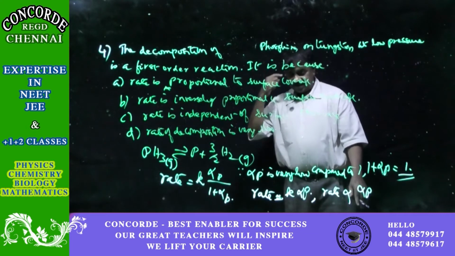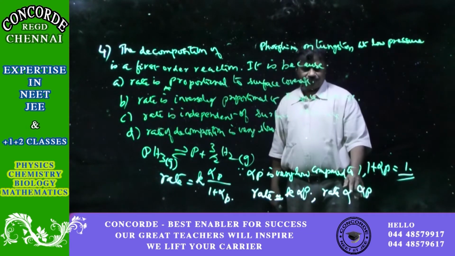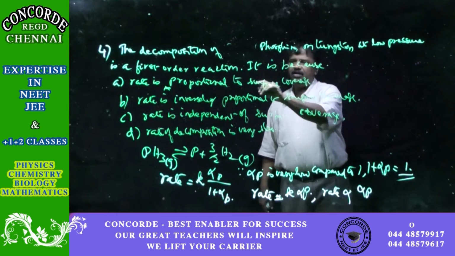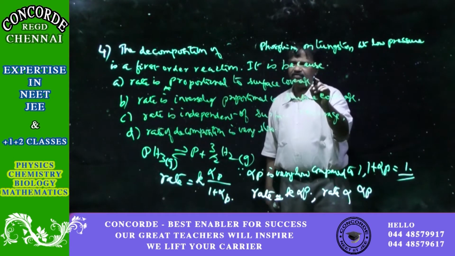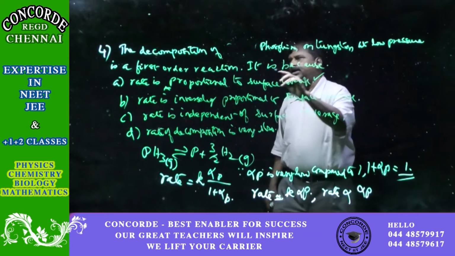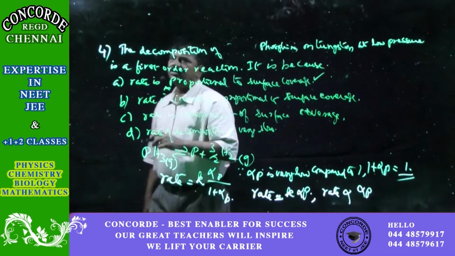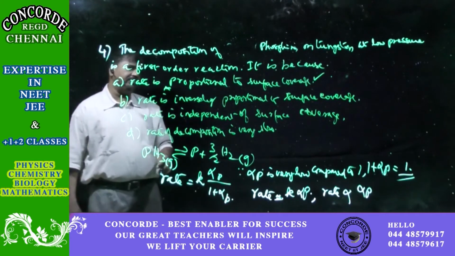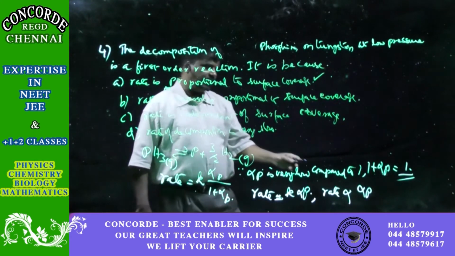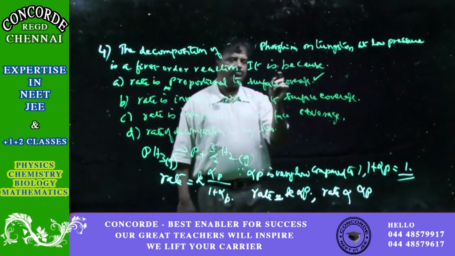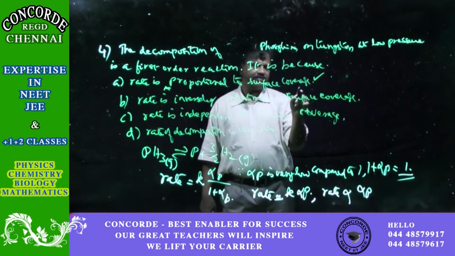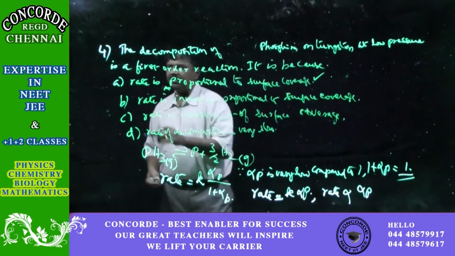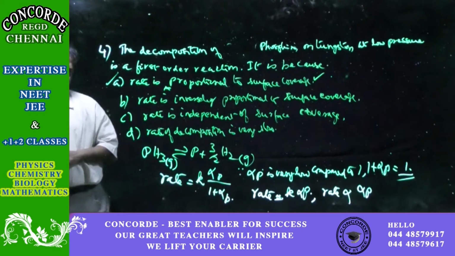Since the rate is directly proportional to alpha P, or directly proportional to the surface coverage, the reaction follows first order. So the right answer is: it is a first order reaction because rate is directly proportional to the surface coverage. So choice A is the right answer.